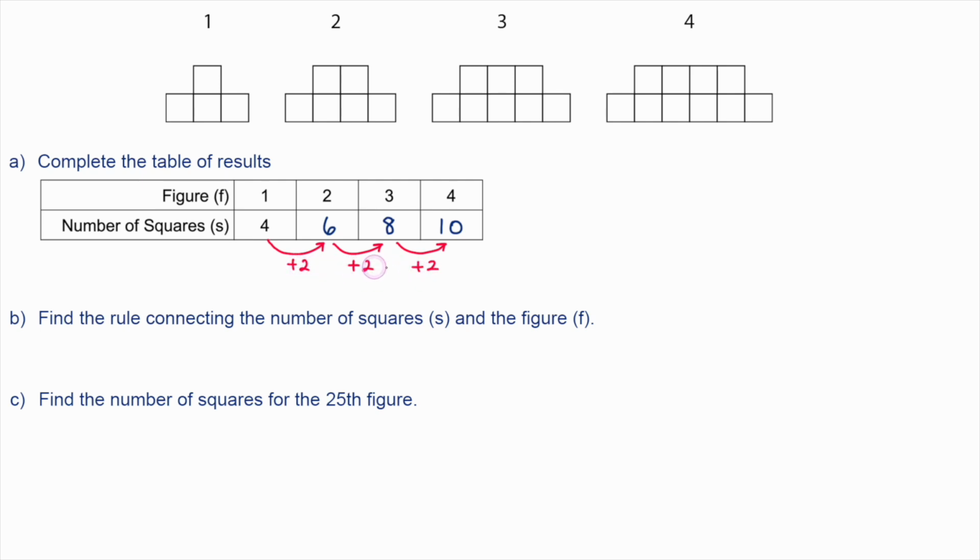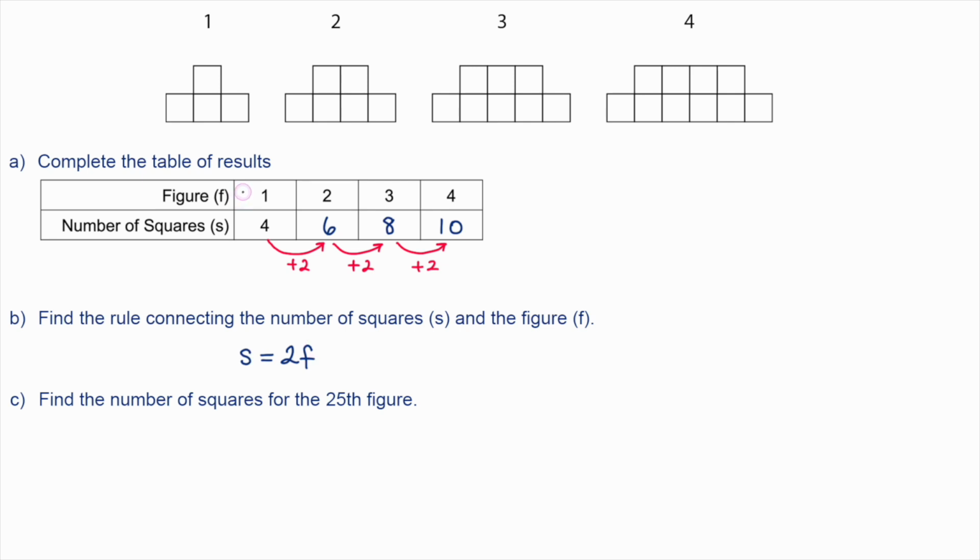And when there is this common difference, we can say there is a linear relationship between F and S. And therefore the rule is as follows. We can say that S equals, we take the common difference, 2, and we multiply it by F. So S equals 2F. We then look at what we call the zero term.